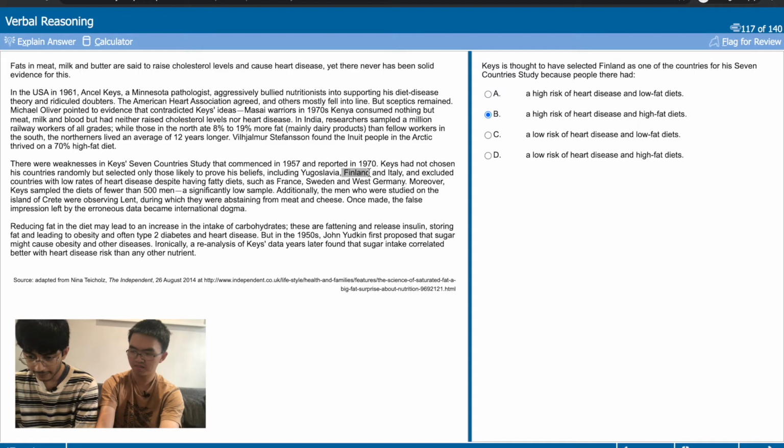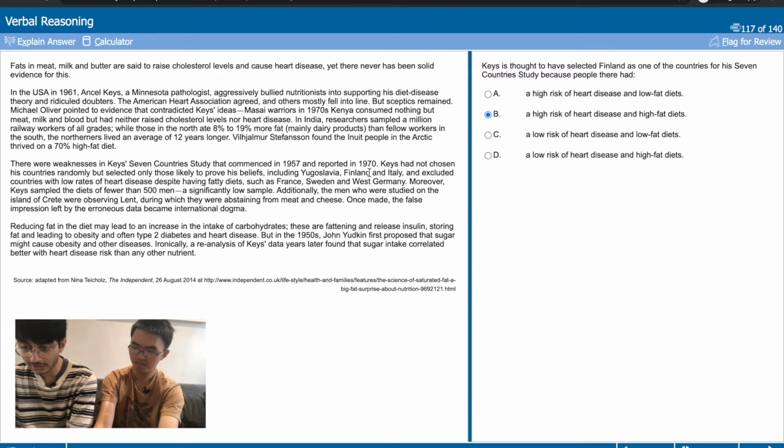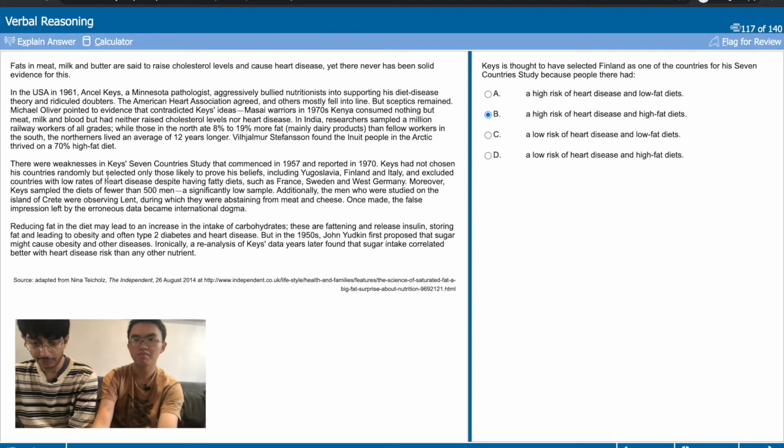Here we are, Finland and Italy. So Keyes had not chosen his countries randomly, but selected only those likely to prove his beliefs, including Yugoslavia, Finland, and Italy, and excluded countries with low heart disease rates. Okay, so because he excludes countries with low rates of heart disease, people there are going to have high risks.